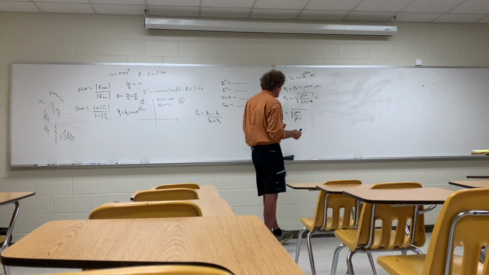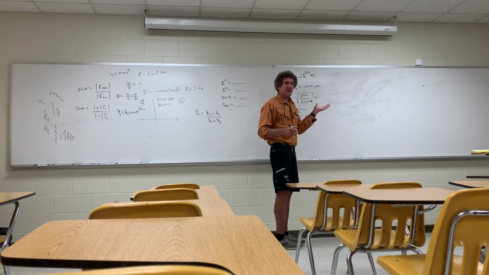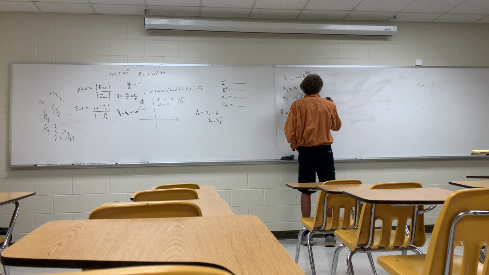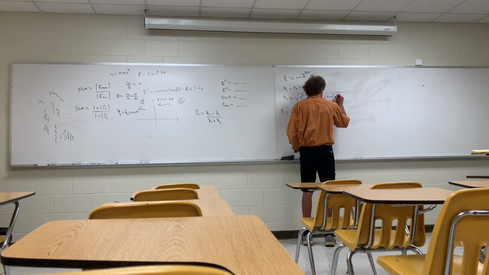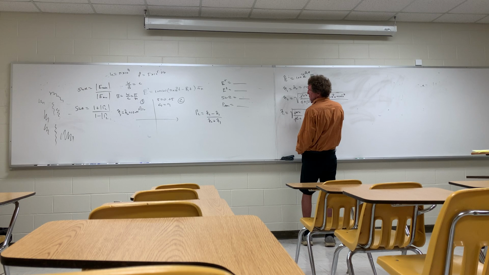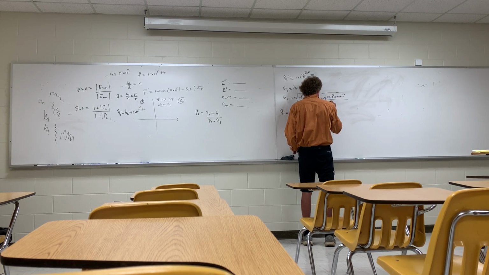Okay, so I come down here, and I have eta 2. Now we have to get eta 2, so I'm going to go ahead and put in the math. Square root of j, omega is pi times 10 to the 7th, right? And mu is just mu naught, so it's times 4 pi times 10 to the minus 7. Then it's over sigma, which is 0.05, is that right?